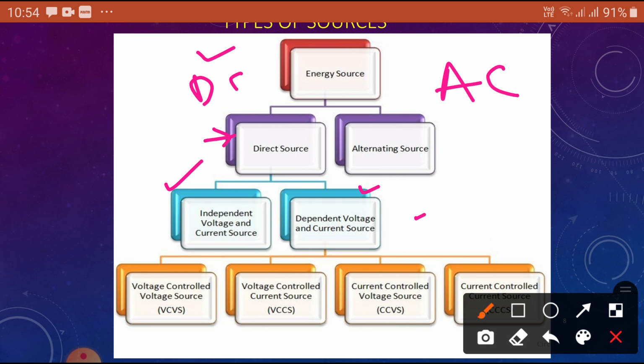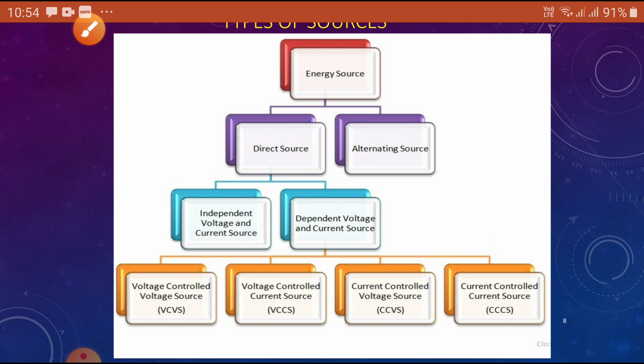Here you can see the voltage controlled voltage source, where the voltage source is controlled by a voltage. Here the current source is controlled by a voltage, that means the voltage controlled current source. Then the current controlled voltage source, and another, the current controlled current source.